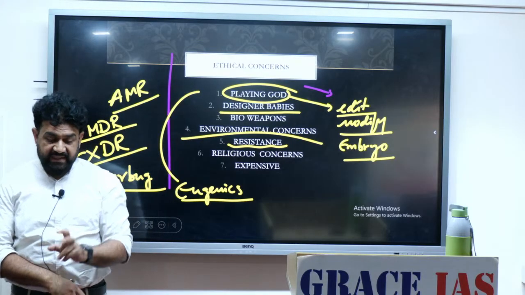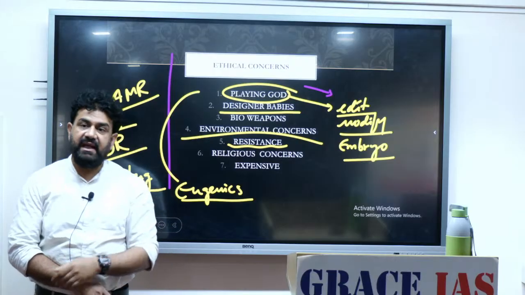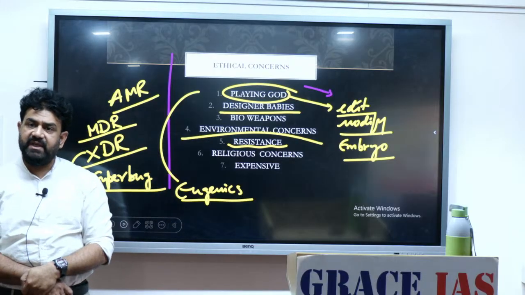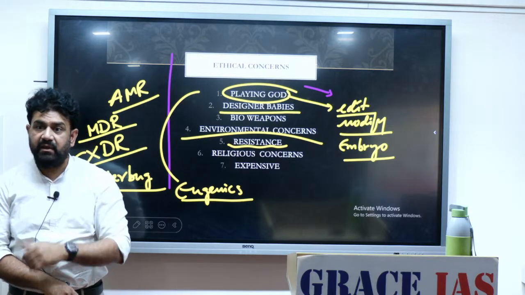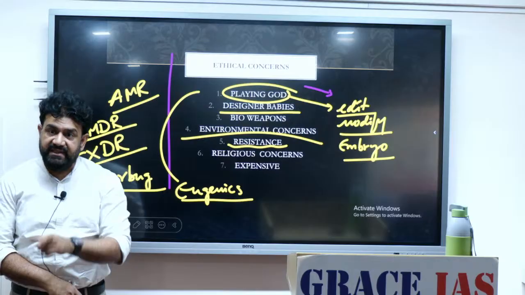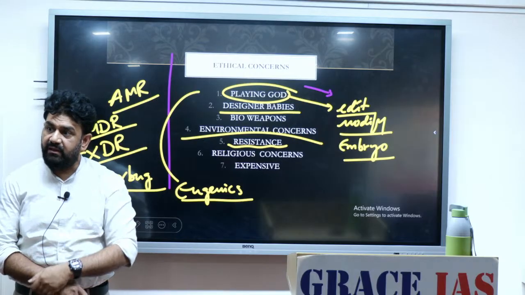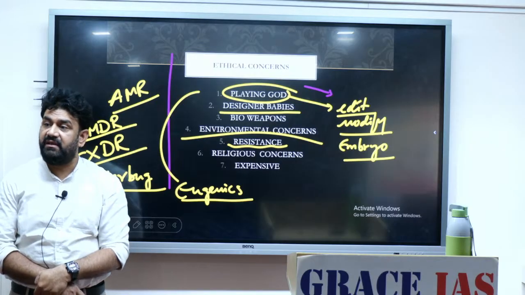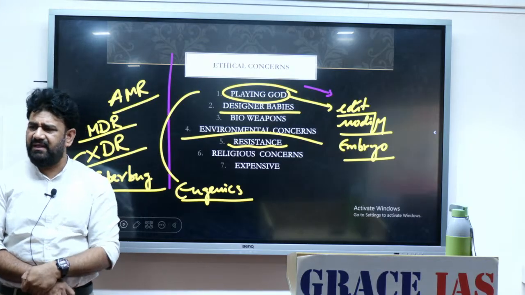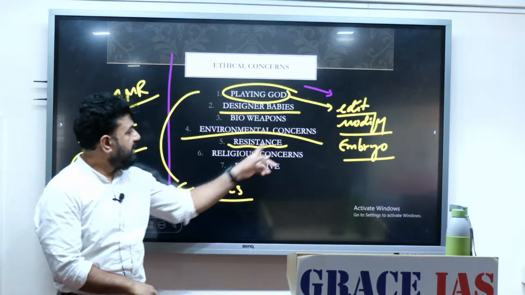Yes or no? As blasphemy. If you are creating life in the lab, you are opposing God. Yes or no? You are not only opposing God, you are criticizing God, you are condemning God. That is anti-religious. It is called blasphemy. You know what is blasphemy? Religious offense which is punishable. Blasphemy. That's a general English word. Yes. So, religious concerns.